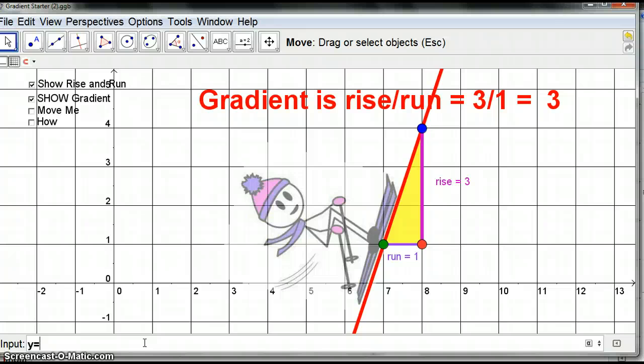Y equals? What's the gradient? 3x. So that made it go through the origin, and it's got a gradient of 3. Give me an equation of a line that's the same slope but goes through the 1. Can we see the pattern? Can you give me a line with the same slope of 3 but going through 2?